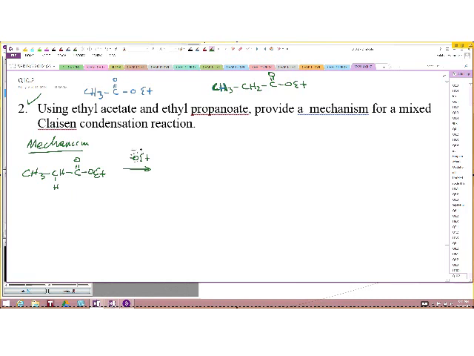So we use the ethoxide to form the enolate because we are using an ethyl ester. So therefore we come here. The ethoxide will be acting as a base. We'll grab this proton here, and in the process we are going to generate the enolate anion on that carbon. So we form this.